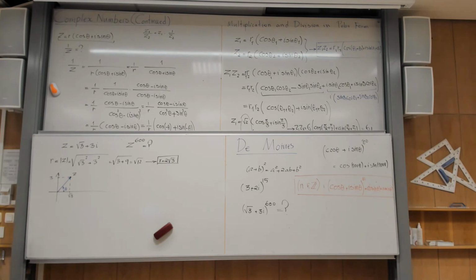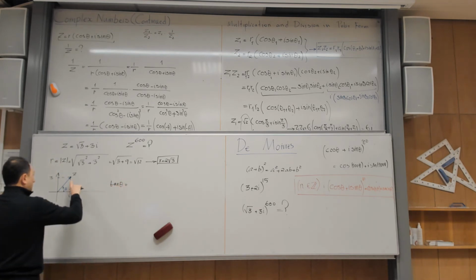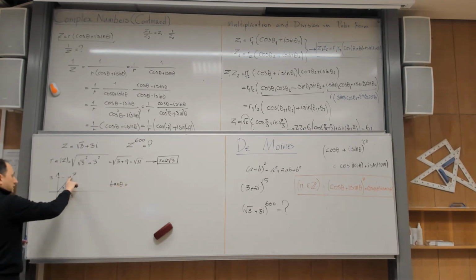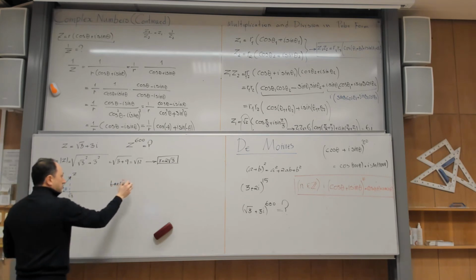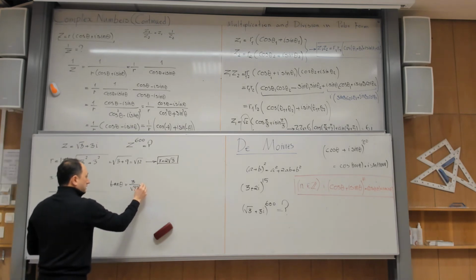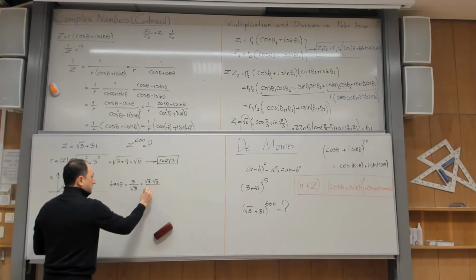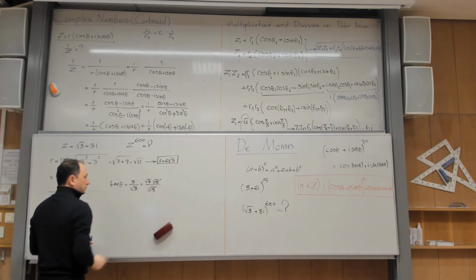And I told you to always use tangent. So tangent theta becomes the length of the opposite side, which is 3 units, divided by the length of the adjacent side, which is the square root of 3. But then 3 can be written as square root of 3 times square root of 3, divided by square root of 3. This one and that one are cancelled.